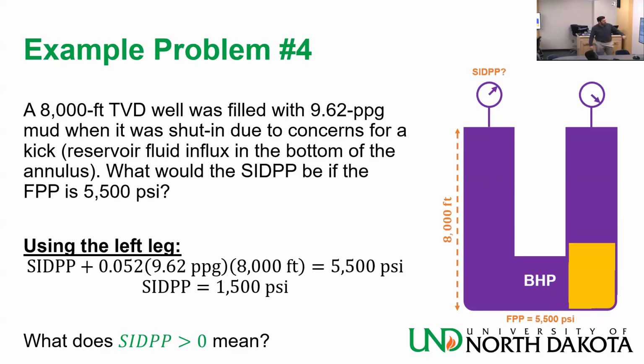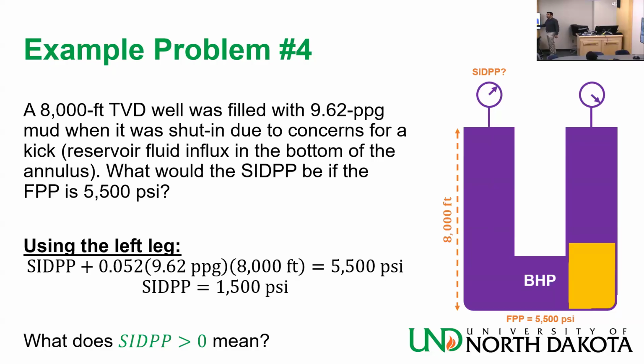So the mud alone, how much does it weigh? It weighs 0.052 times 9.62 times 8,000. So the mud alone weighs 4,000, but the formation I'm drilling in is 5,500. I'm short 1,500. Now I shut in the well. When I shut in the well, I force this BHP to be FPP.